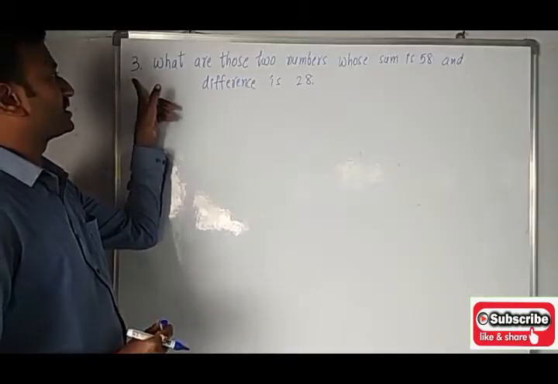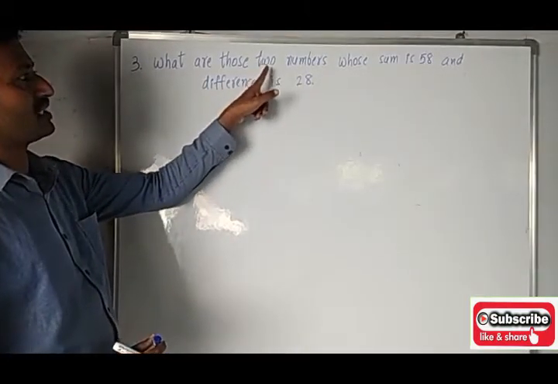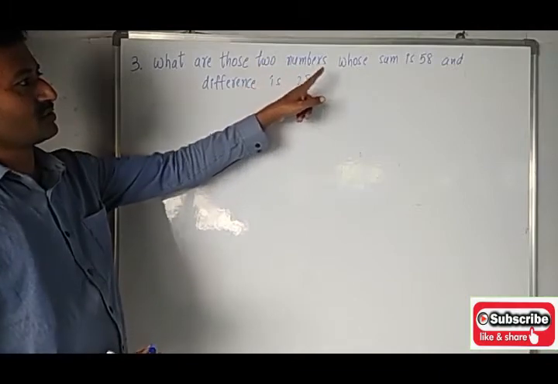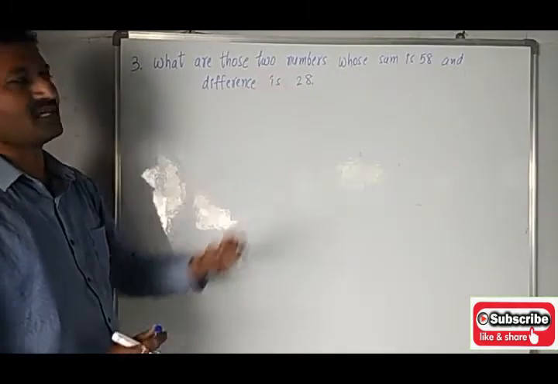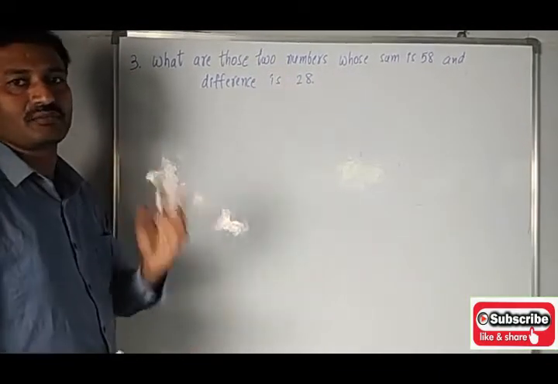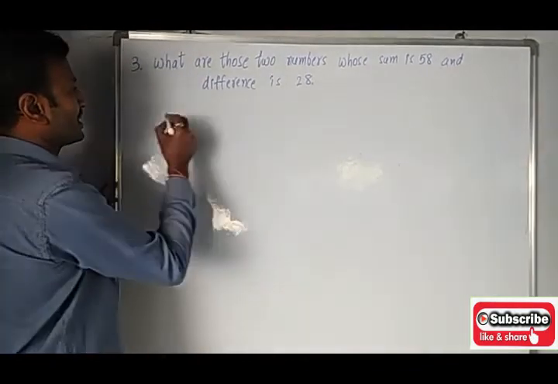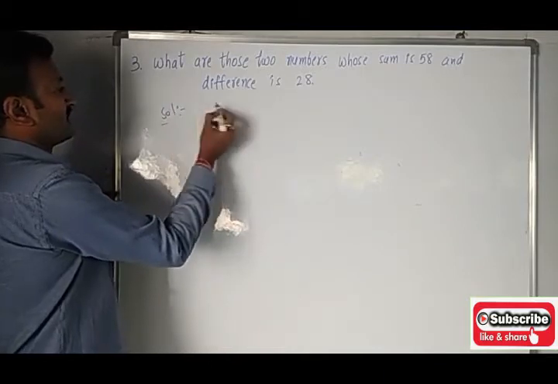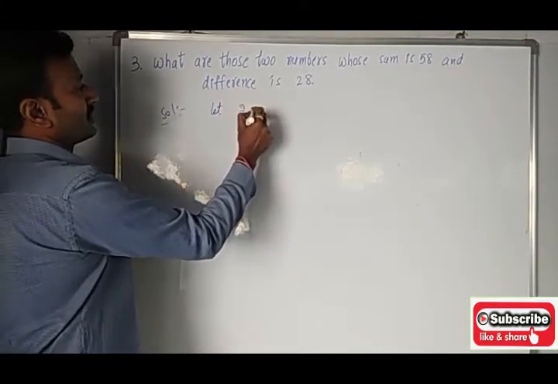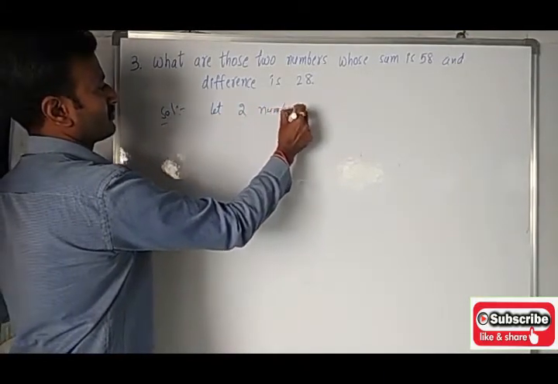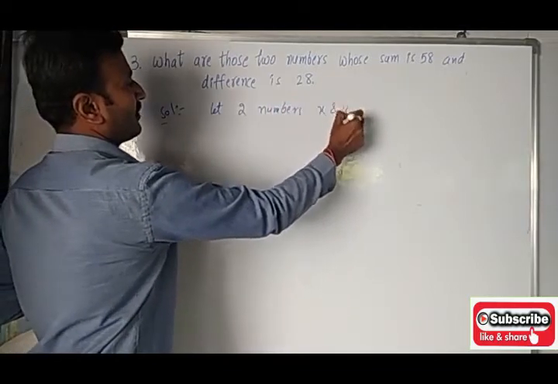Now the third question is, what are those numbers? Two numbers whose sum is 58 and difference is 28. Here also we will assume two numbers, one is x and one is y. Let us assume the two numbers are x and y.